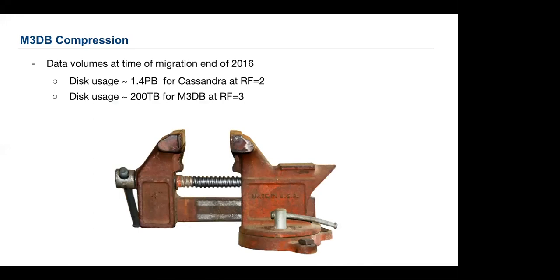With Cassandra, we did a replication factor of 2, and it used about 1.4 petabytes of disk. With M3DB, we were able to increase our replication factor and still get an order of magnitude lower disk consumption. This was a pretty big win for the team.